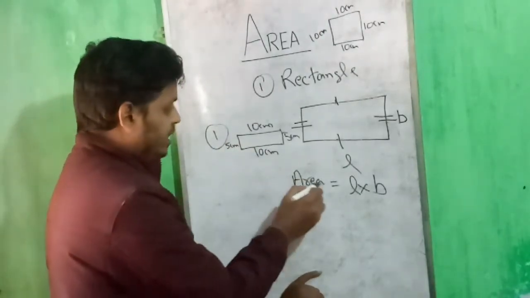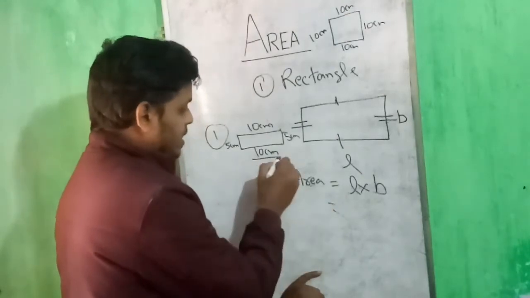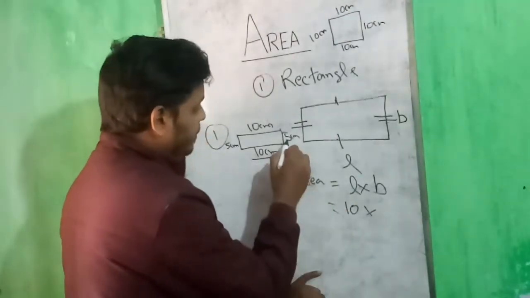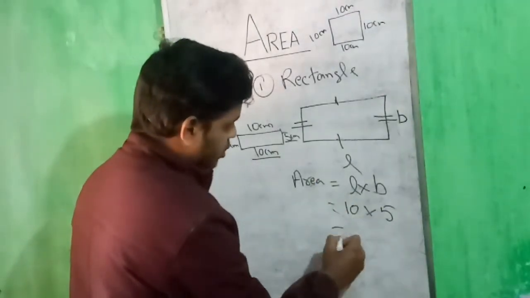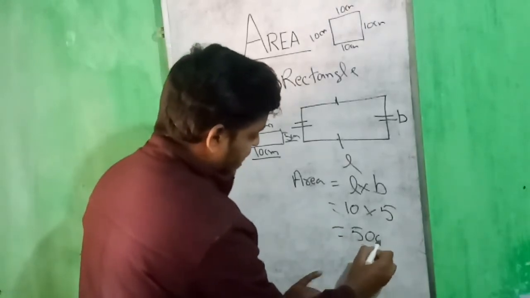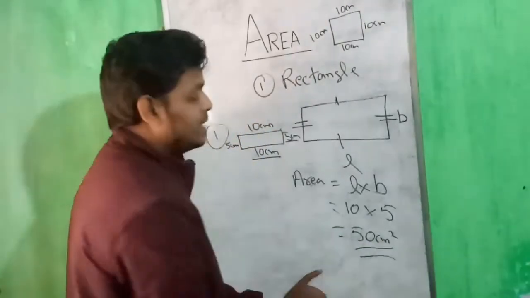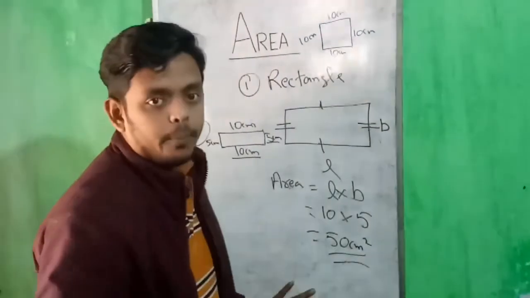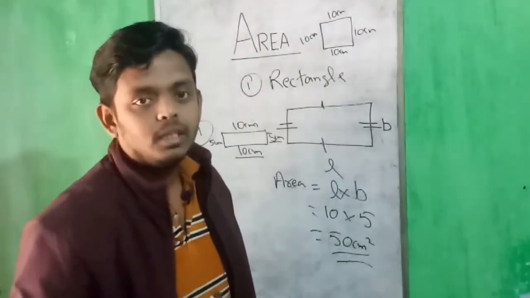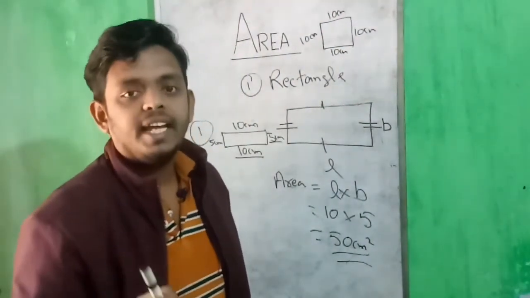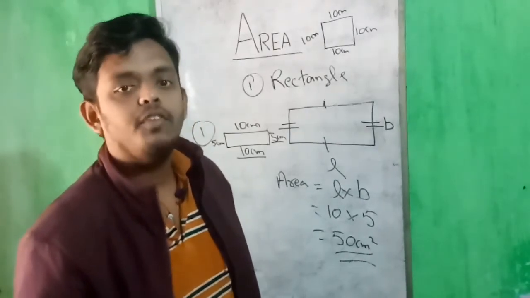As I said, area of a rectangle is L into B. What is L? L is 10 centimeter. What is B? B is 5 centimeter. So 10 into 5 is 50 centimeter square. I hope you all understood what is area of a square and what is area of a rectangle.